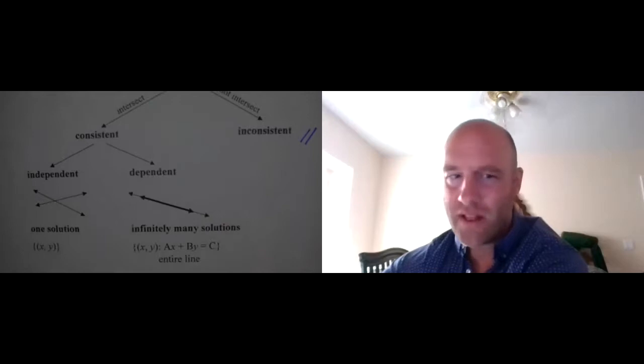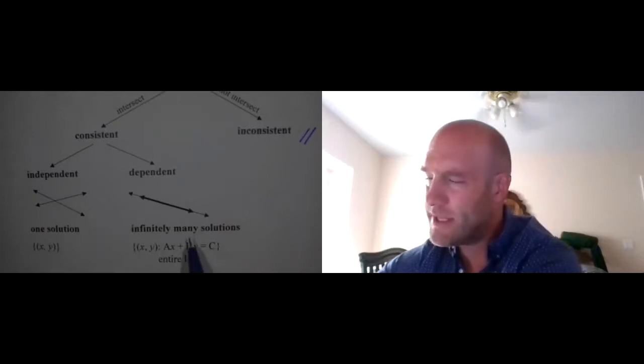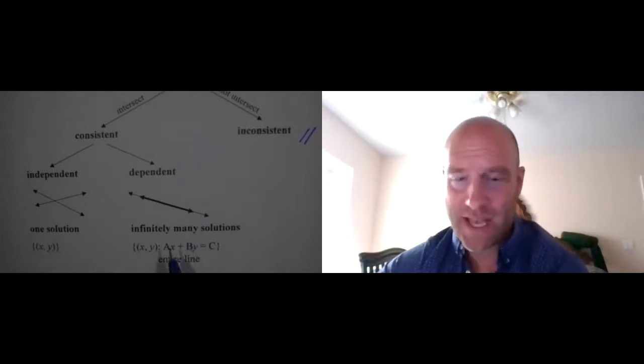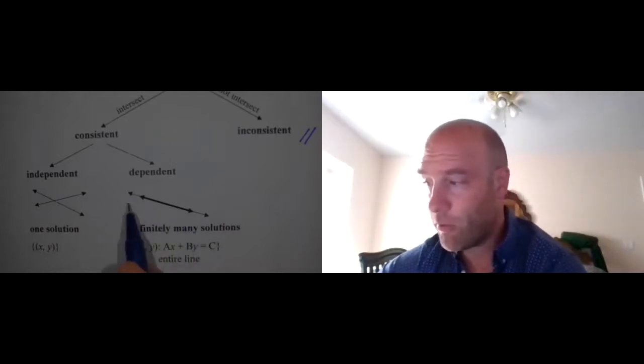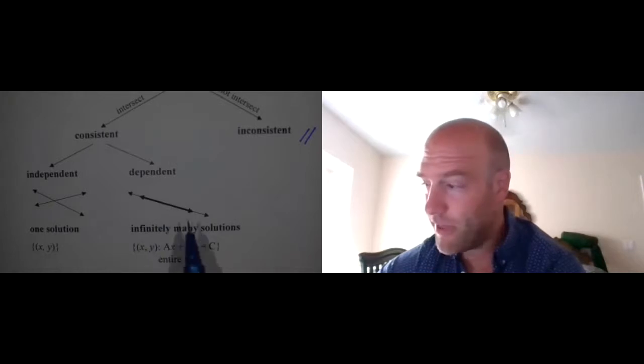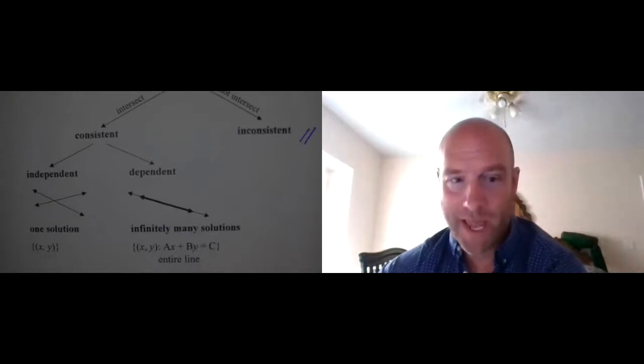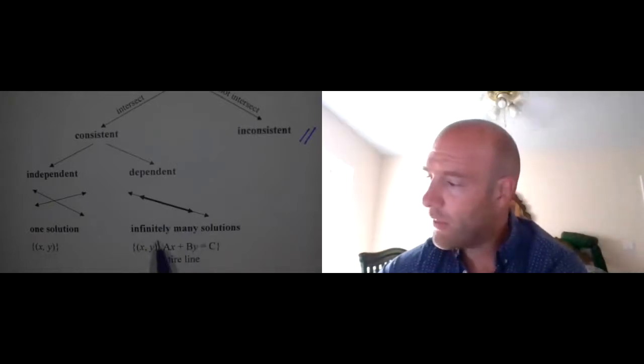Well, if there's infinitely many solutions, it doesn't mean that everything is a solution. What we really have to do is write an equation for one of these lines, since they're both the same thing, and say that that is my answer. So they wrote it in formal set notation here.